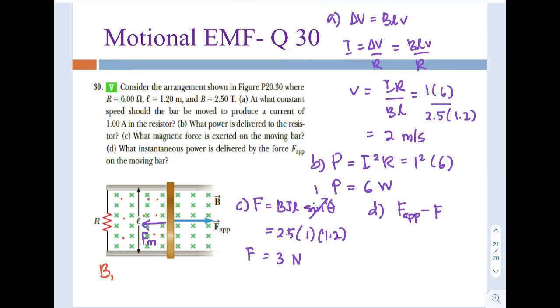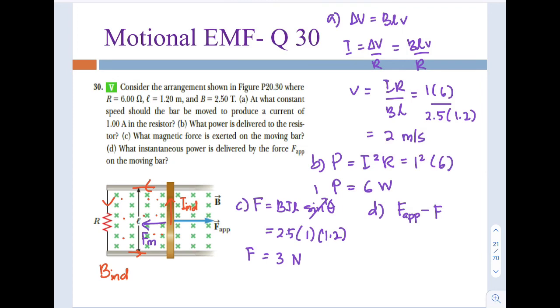The B induced is in this direction. By using Grab's rule, I induced will be in this direction. That is how we know that the FM is going to be in this direction based on this law.